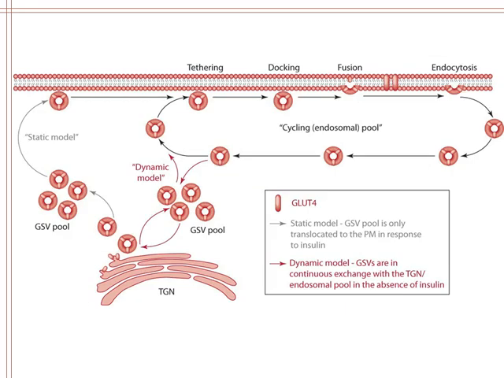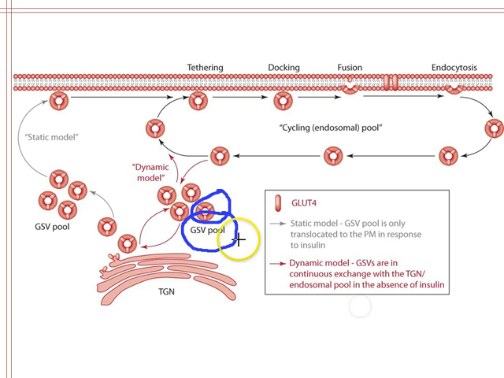Here's an image again of looking at GLUT4 in a little more detail. Just to highlight a little bit of how it works, essentially GLUT4 is stored in what's called glucose storage vesicles, or GSVs. Each of these little circles is representing a GSV, or glucose storage vesicle. And those are produced within the cell, stored within the cell.